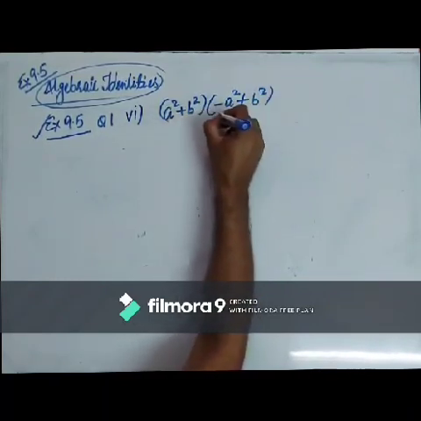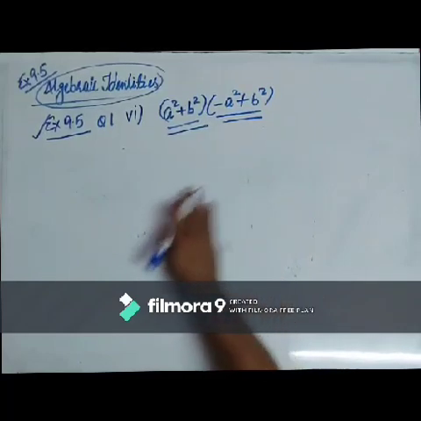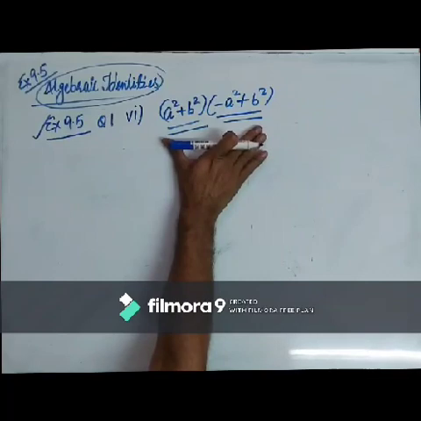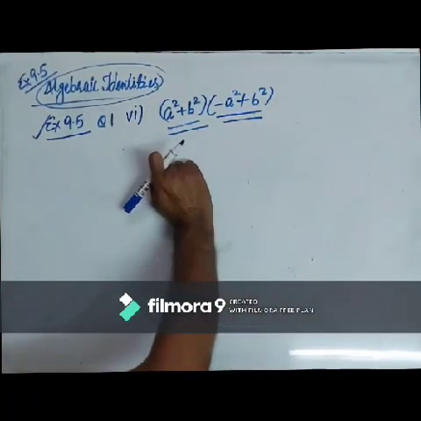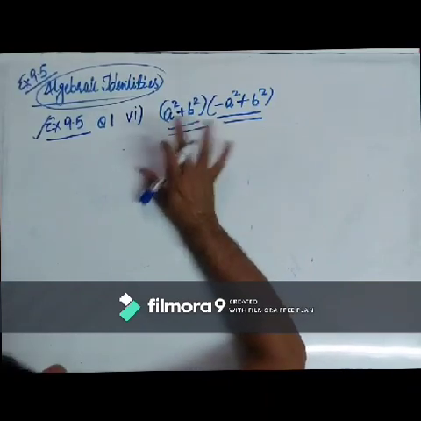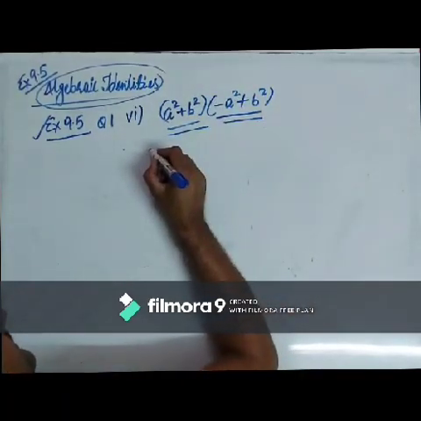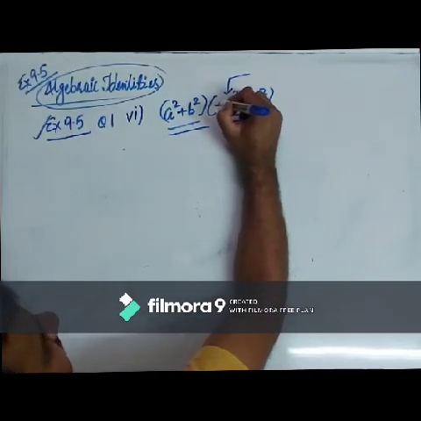So there's nothing wrong with it. We just want to resemble these two binomials with any of our identities. So if I try to rewrite this binomial, look, this is minus a square, so we don't have any idea what to do with this minus.